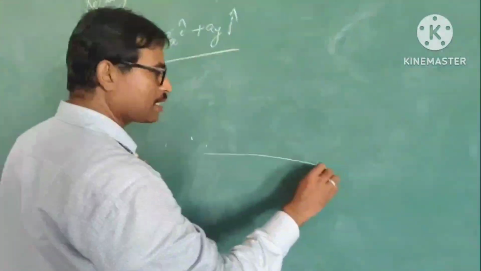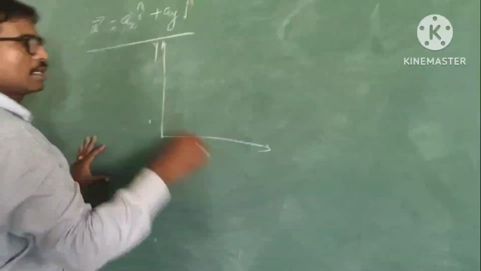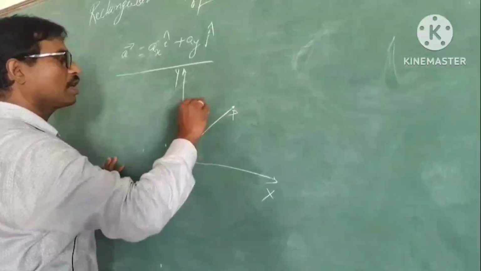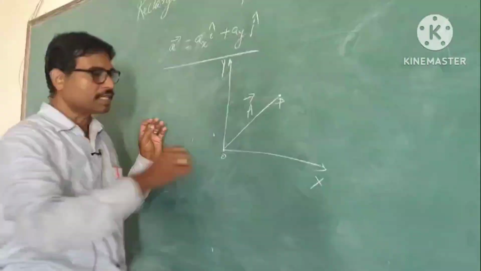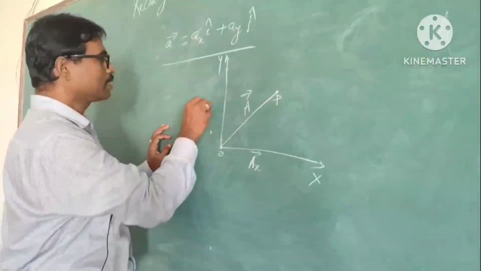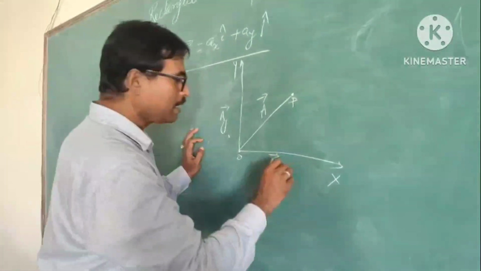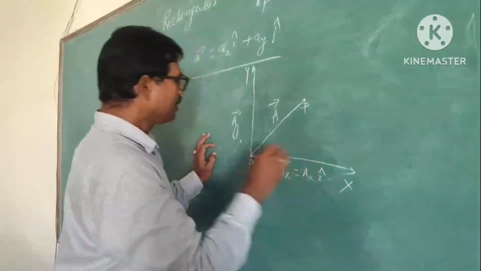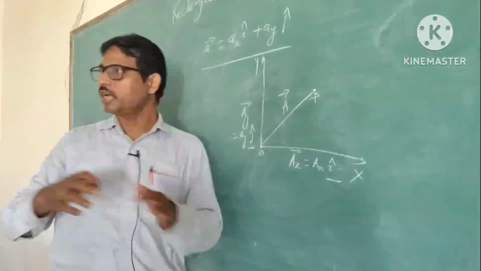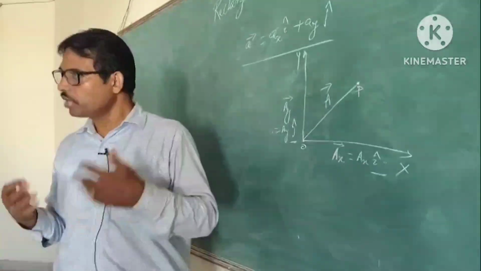Suppose this is the origin, this is the x axis, this is the y axis. Suppose this is the position vector OP, and when that vector is resolved into AX and AY, you can write AX i cap and AY j cap. i cap means the unit vector along the x axis, j cap means the unit vector along the y axis.